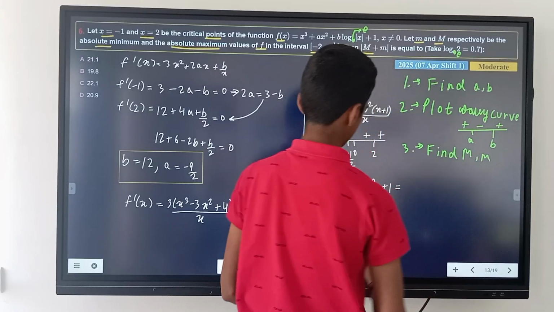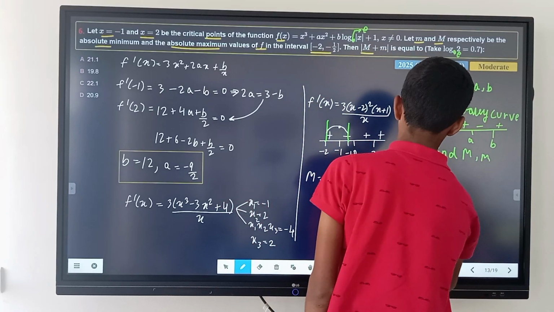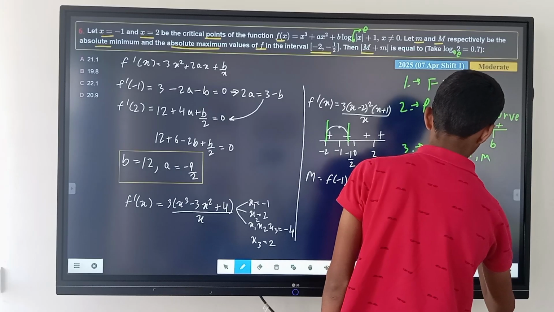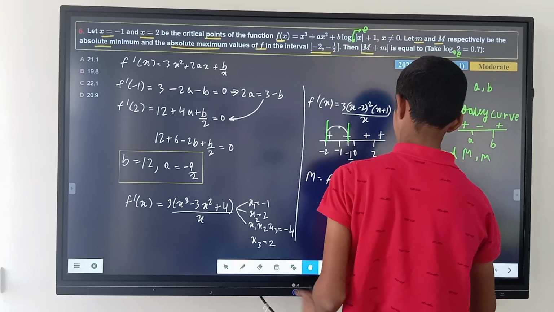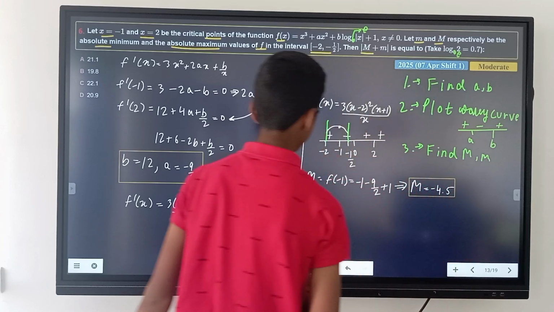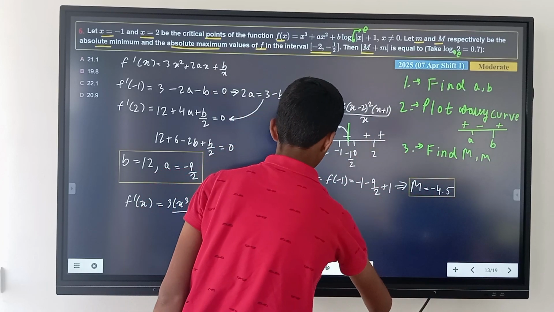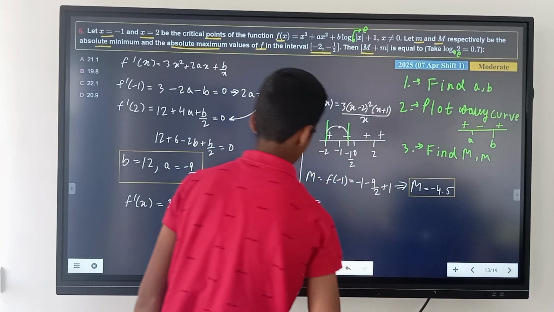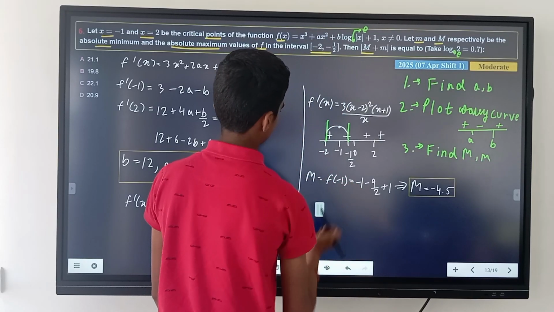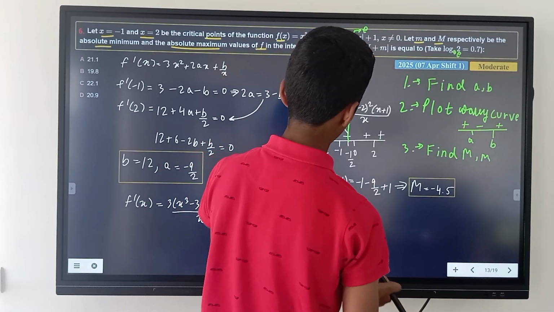So this is equal to minus 9 by 2, and from here our capital M is minus 4.5.